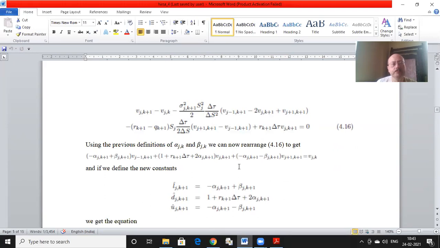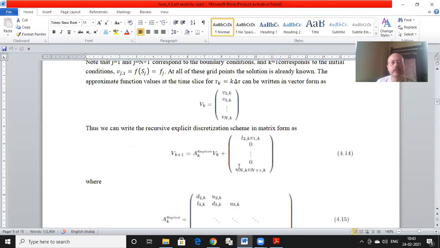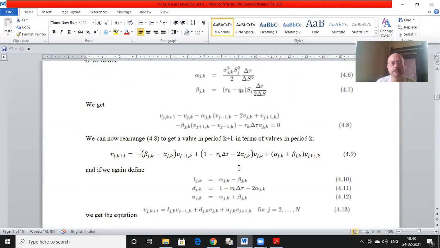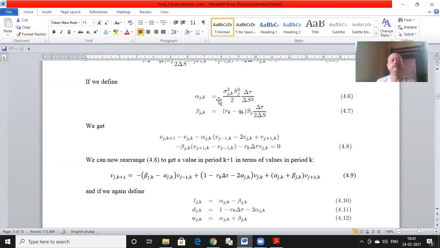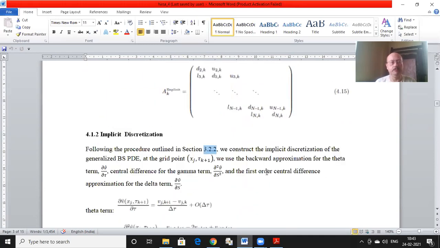Now, remember that we redefined certain symbols to make the notation easy. So in 4.6 and 4.7, we defined alpha and beta to replace these two ratios. And these ratios appear again in the implicit difference. So we will use them again.